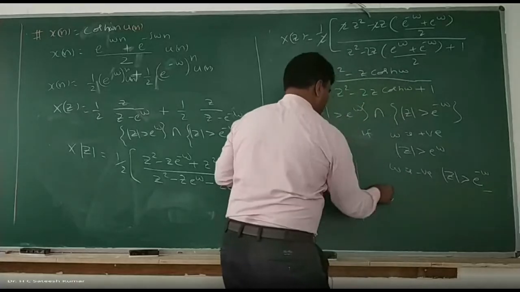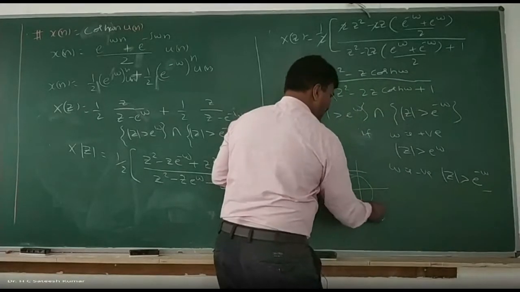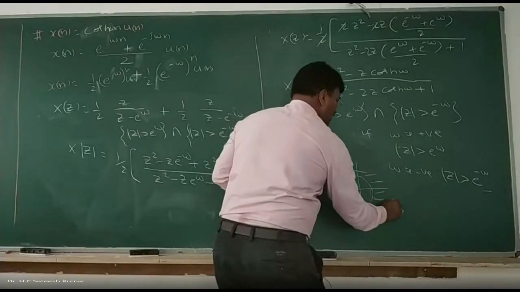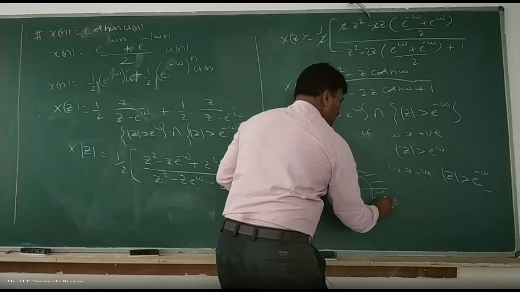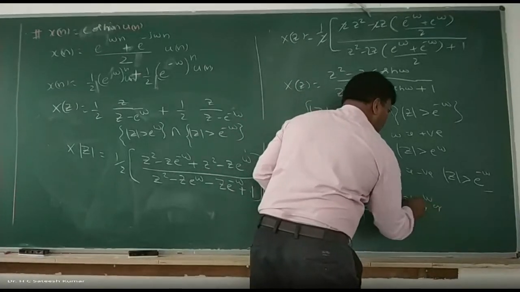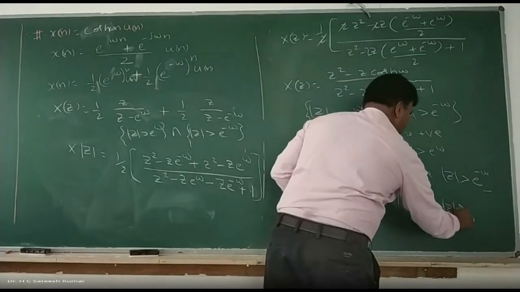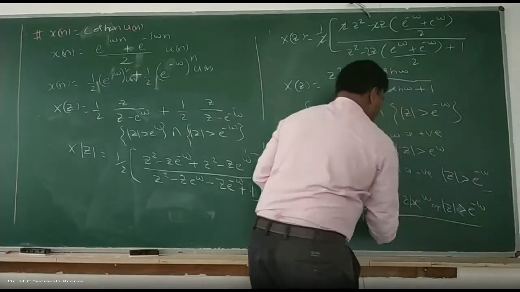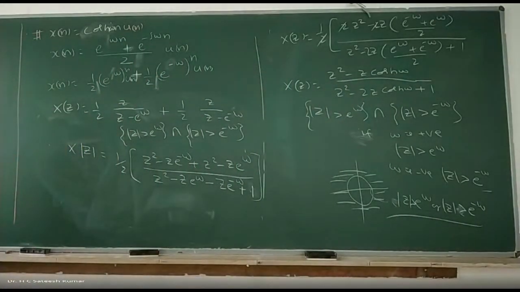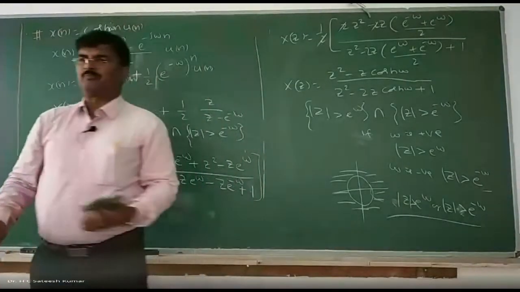So your sketch will be outside only, depending upon the value of omega: mod z greater than e to the power of omega, or mod z greater than e to the power of minus omega. Any one you can take depending upon the value of omega. Okay, so that's how we should do it for cos. Similarly, we can do it for sine also.